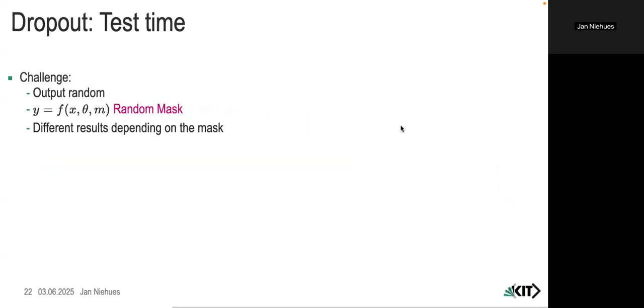So what now happens is that our output is random, because our function not only depends on the input and the parameters, but also on our random mask M. If you mask other units, you'll get different results. In training, that doesn't matter that much.